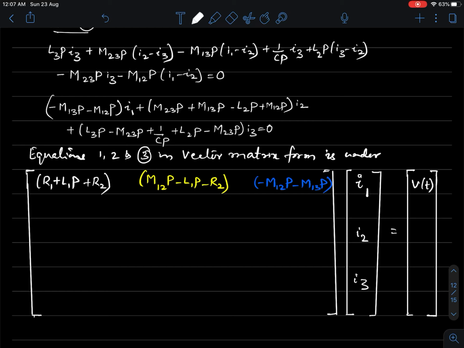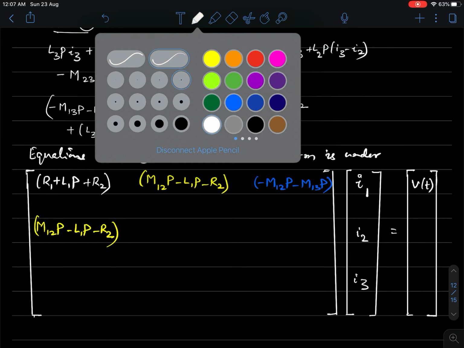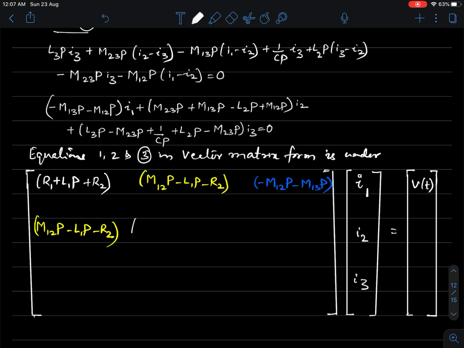Now from the second equation we will pick up the coefficient of I1 first. The coefficients are M12P minus L1P minus R2, the coefficient of I1 from the second equation. Then the coefficient of I2 is L2P.